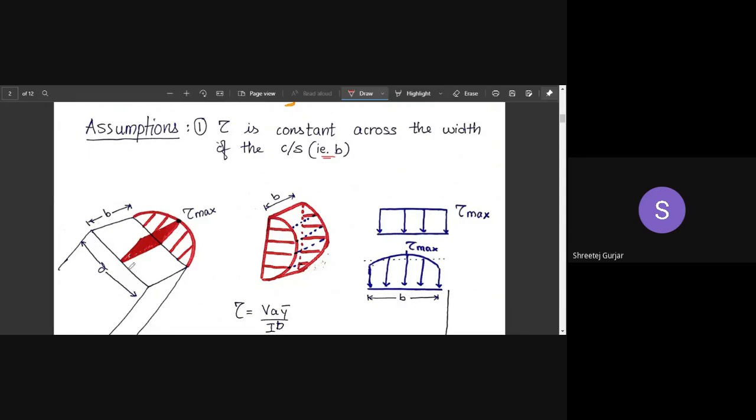As you move through your depth, this is how your shear stress is distributed, in a parabolic form. But if you consider the variation of this shear stress across your width, it is constant. You can see it is a straight line, it is constant, right? It is not varying, right?